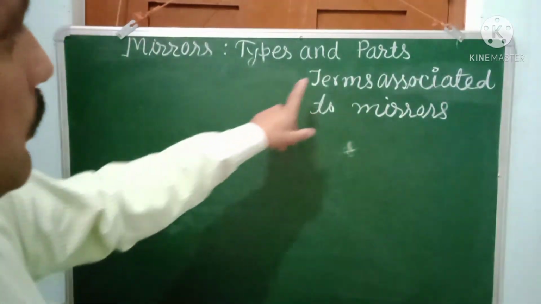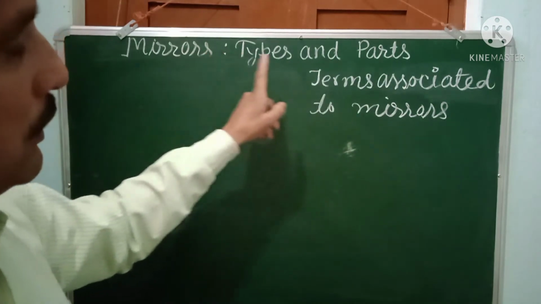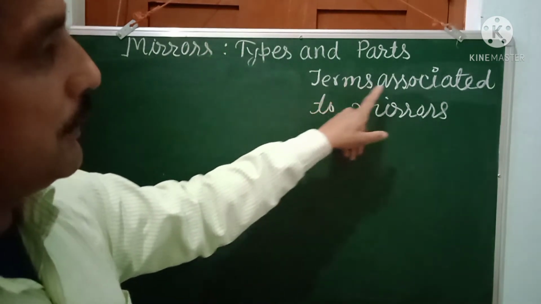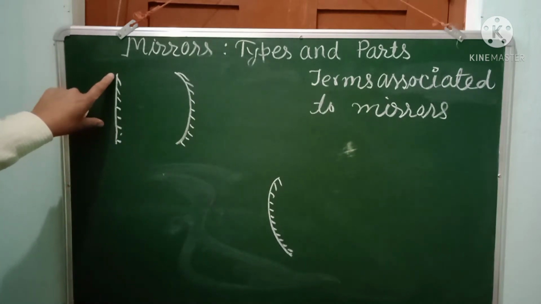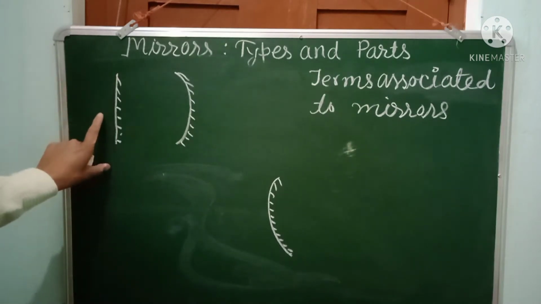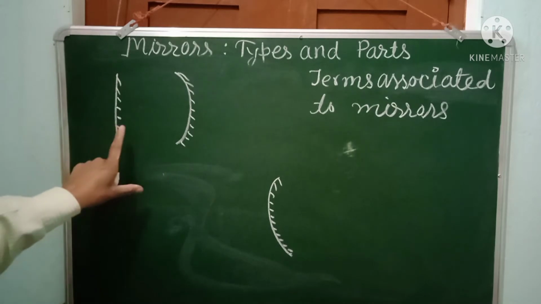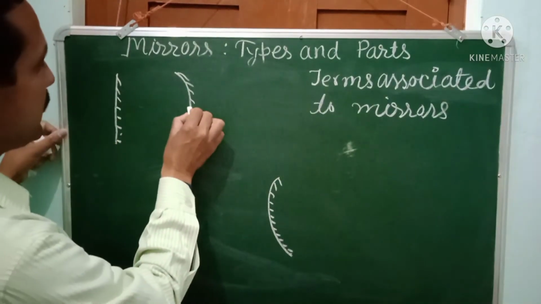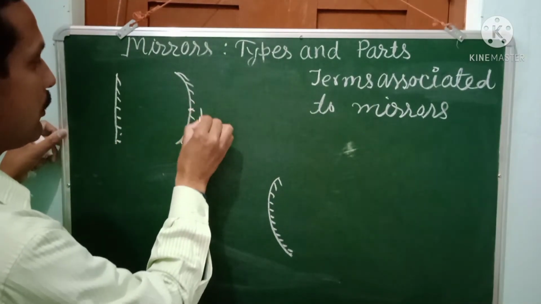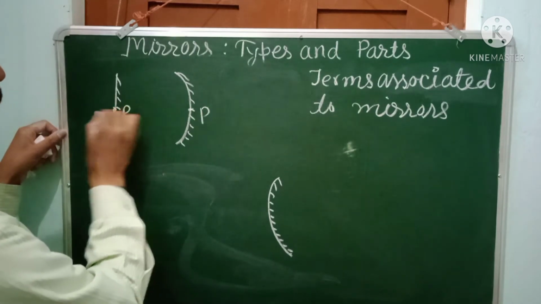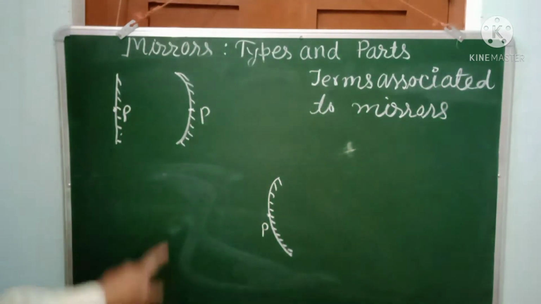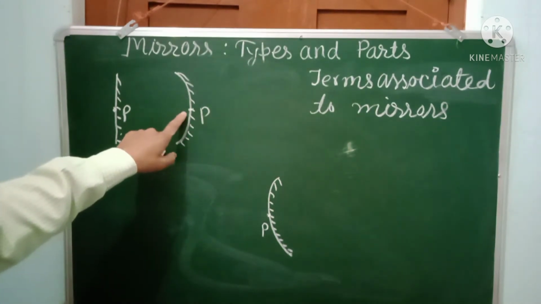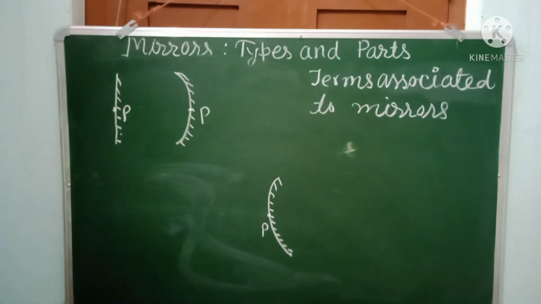Now, topic parts of mirrors. In other words, terms associated to mirrors. This is the surface which reflects the light, so called reflecting surface. And this point is the central point of reflecting surface. The central point of reflecting surface of any mirror is called the pole of the mirror.